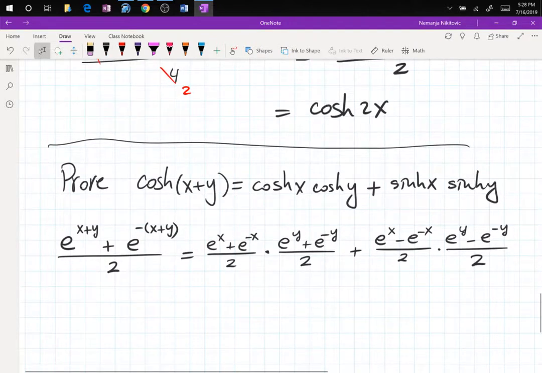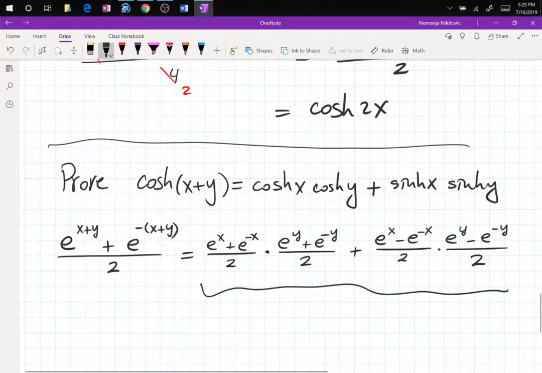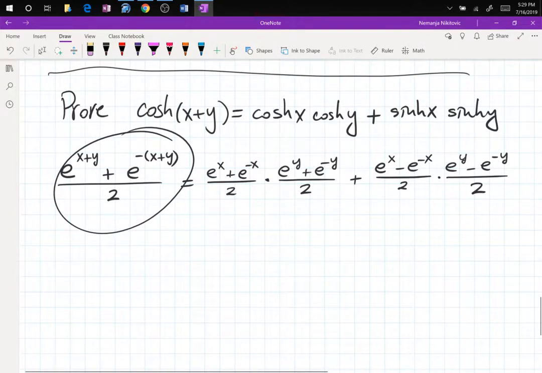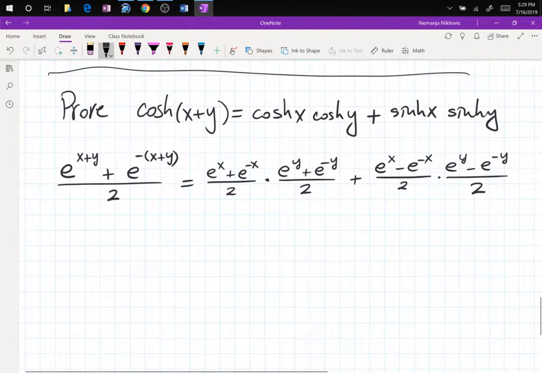So the first step was to replace the left and the right side by e's. And now I just need to simplify all of this algebra here, hoping it will land into this. So let's focus on the right-hand side only. Well, I get to multiply now, right? Or as you would say, FOIL.